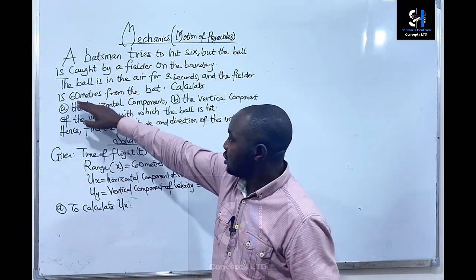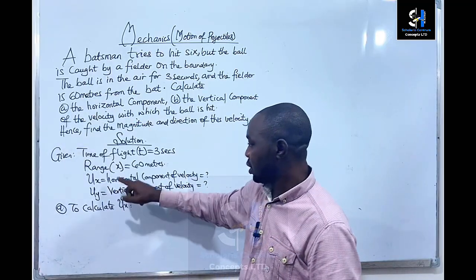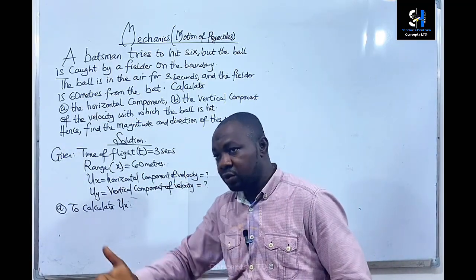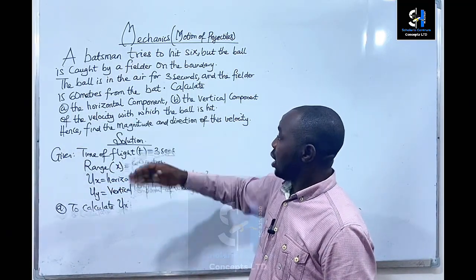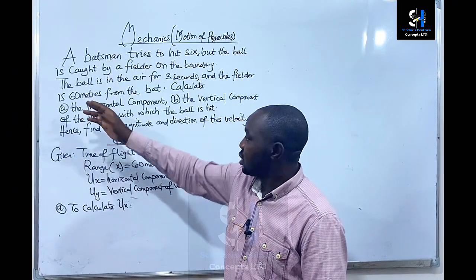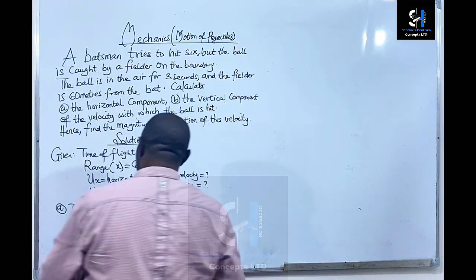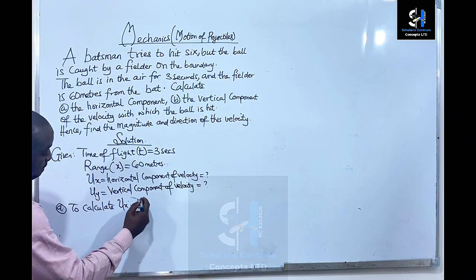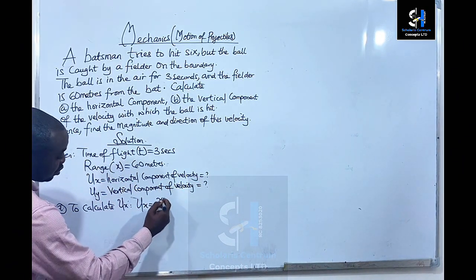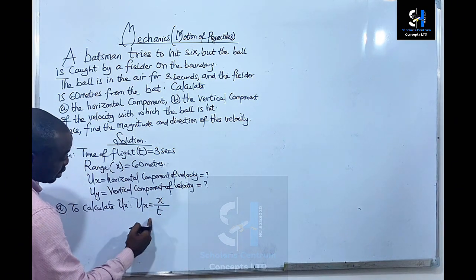So this is the range. The range is X, which is the horizontal distance, and it travels this distance for 3 seconds. So the horizontal component of velocity, Ux, will be equal to the range over the time of flight.